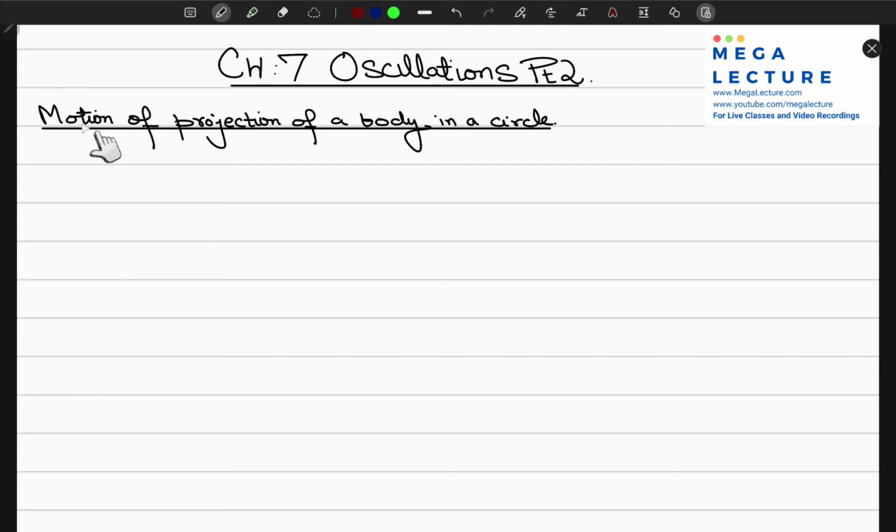So let's start with the topic of the motion of projection of a body which moves in a circle. The motion of the projection of a body which is moving in a circle on a diameter with a constant speed, so speed must be constant, implies simple harmonic motion, right?